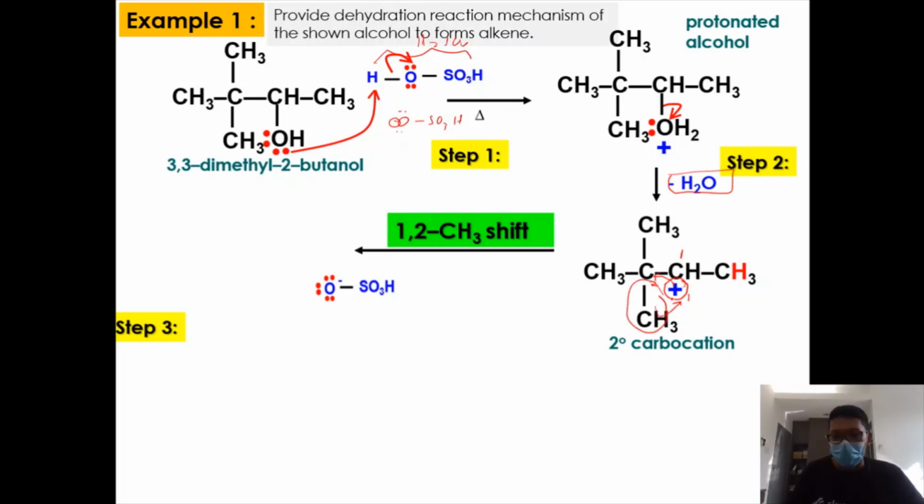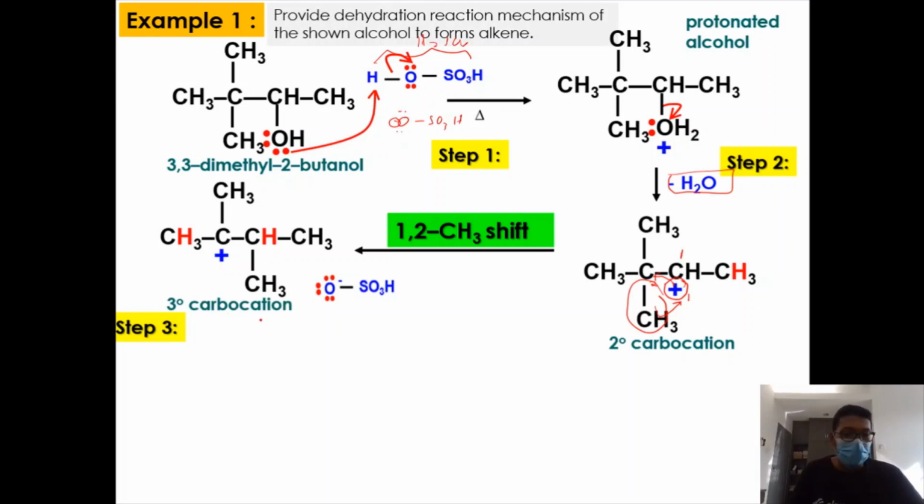Okay, so we're going to bring the CH3 to here, and this step is known as the 1,2 methyl shift, where we're going to bring our positive charge to this side.